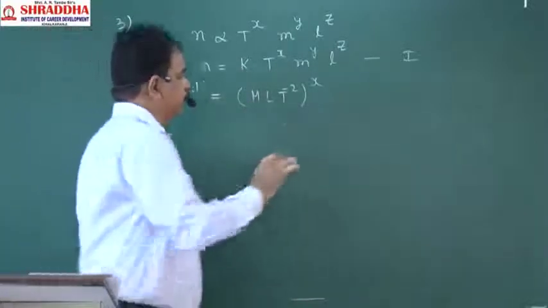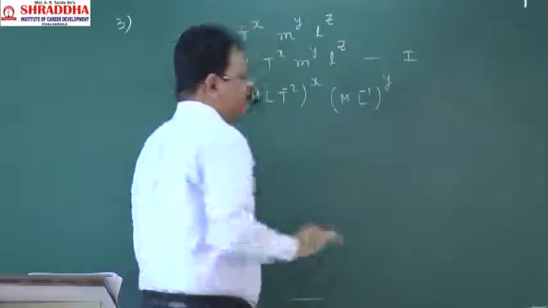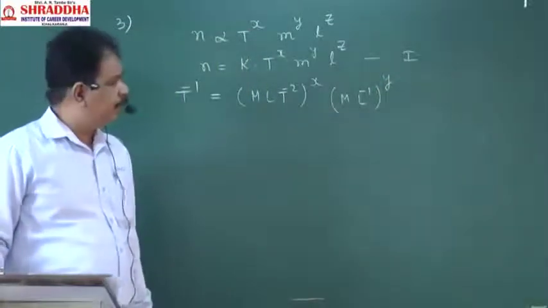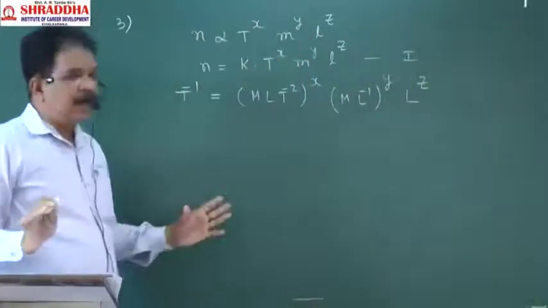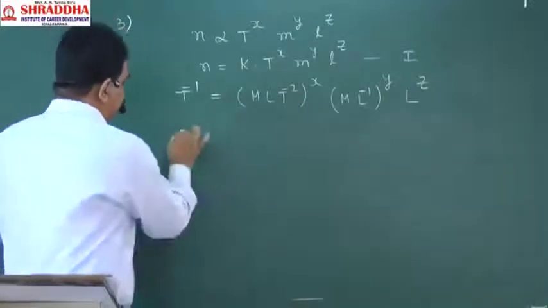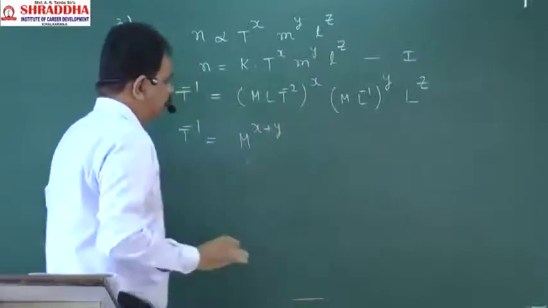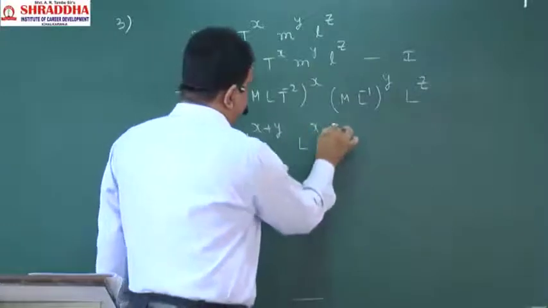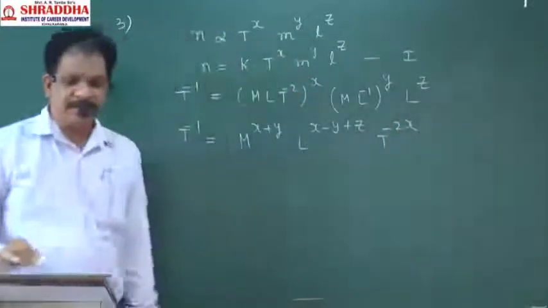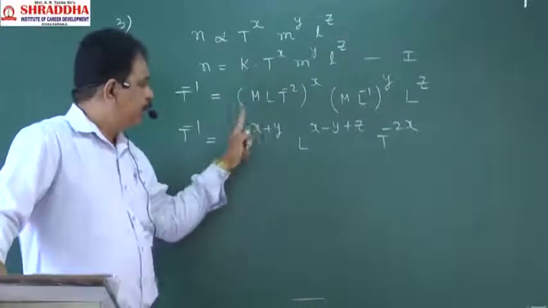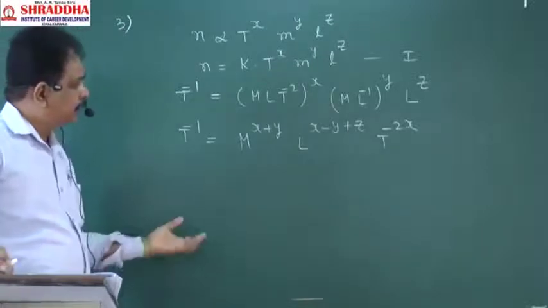Then M is mass per unit length, so ML power minus 1, power Y. This is L power Z. So write all powers at one place for M, L, T: T power minus 1 equals M power X plus Y, L power X minus Y plus Z, T power minus 2X.